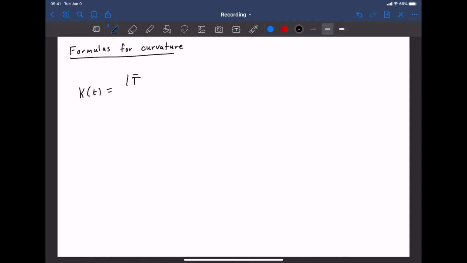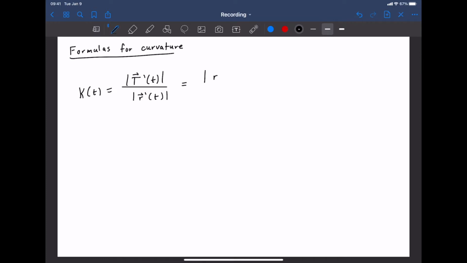So the magnitude of the derivative of the unit tangent vector divided by the magnitude of the derivative of the vector function itself. The book has a proof of what I'm about to show you, but basically, through a lot of work with the cross product, you can get this formula.